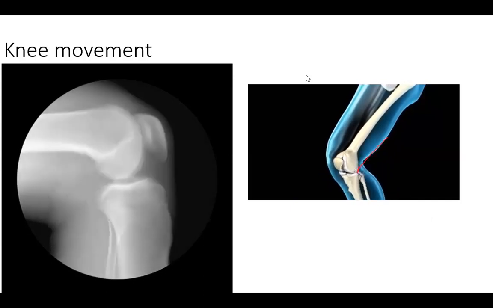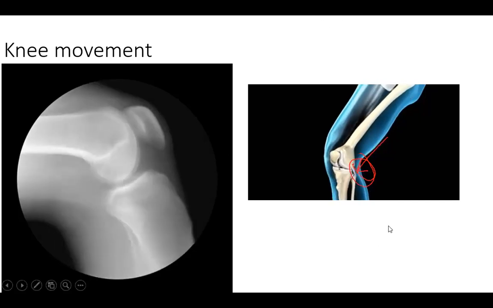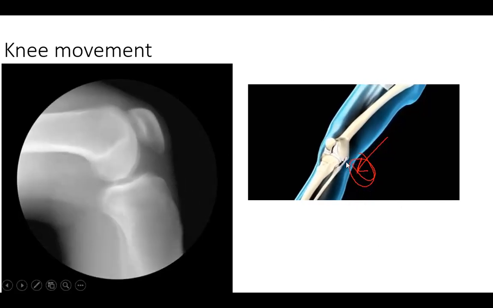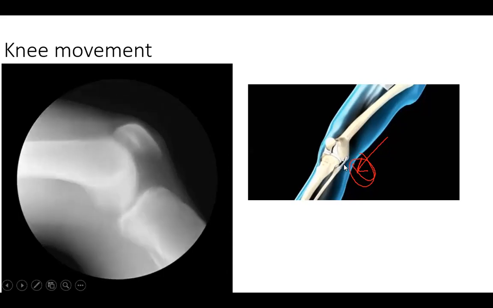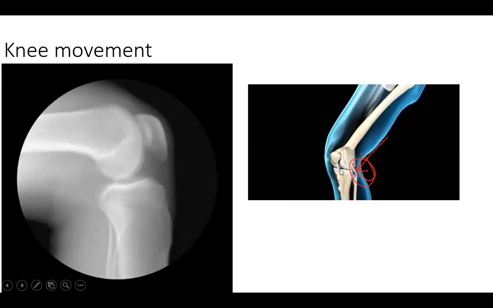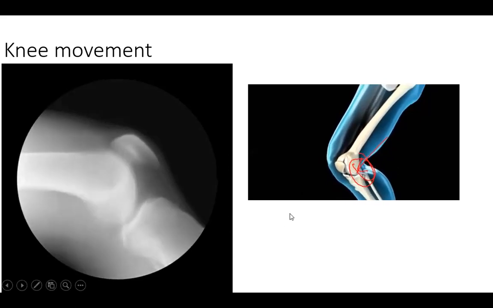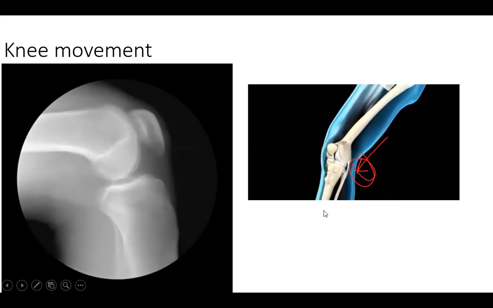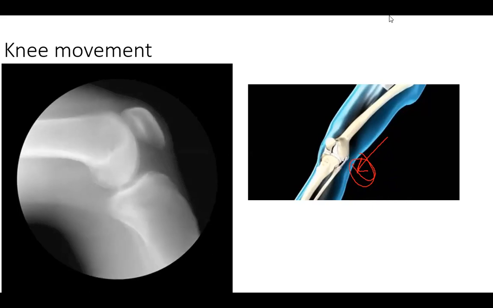Here is a little thing right there, a cartilage, and there's one on the other side holding the fibula in place. We'll leave that there for a while now. But you can see there is one of the ligaments. There's one on the other side that helps to hold the tibia and the femur together.